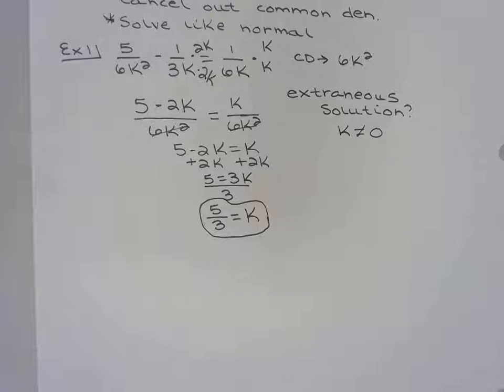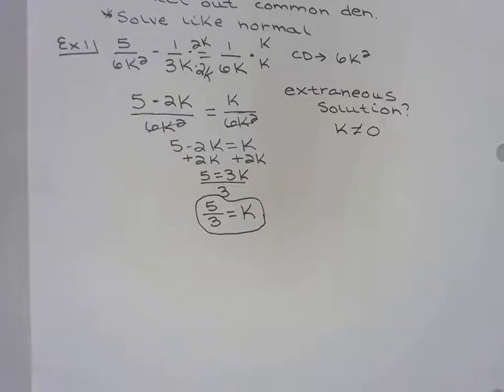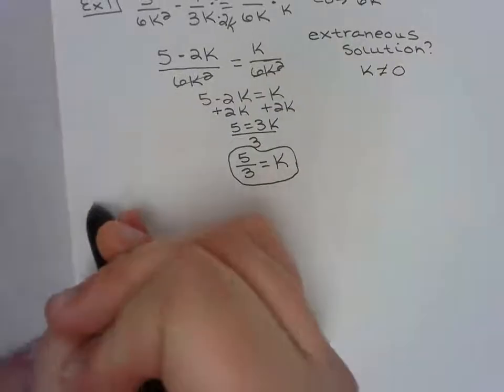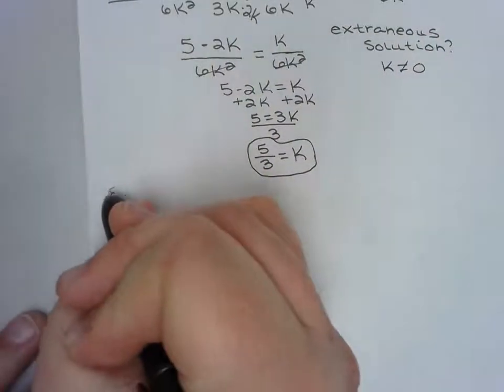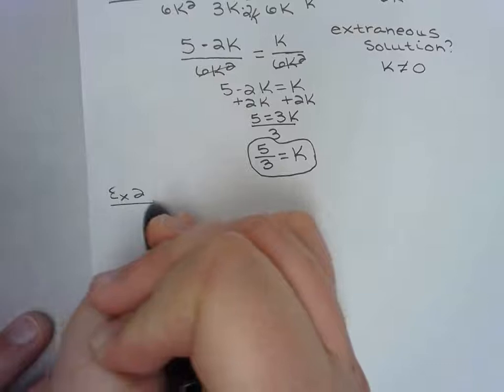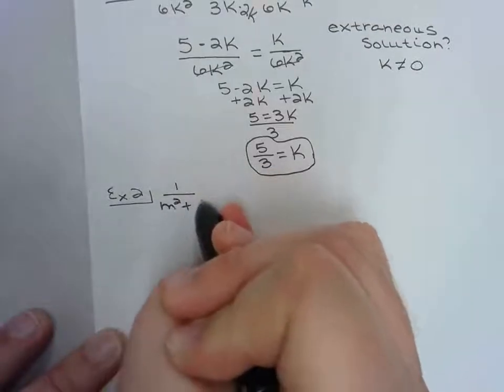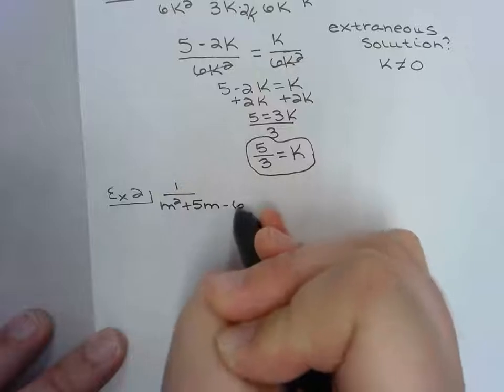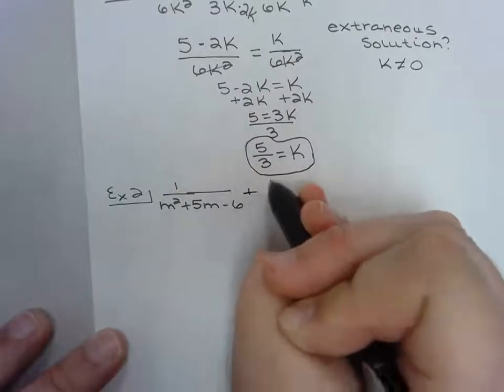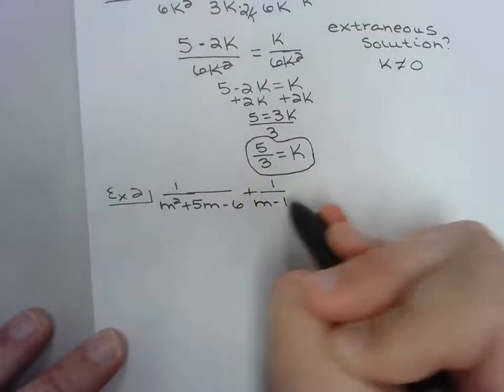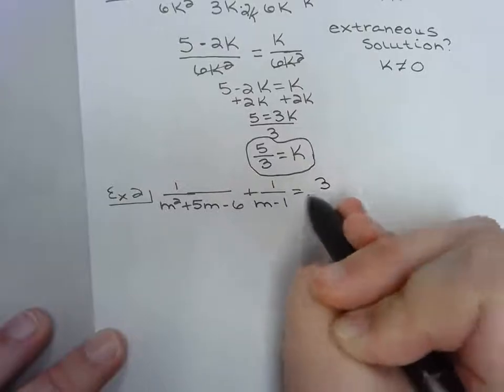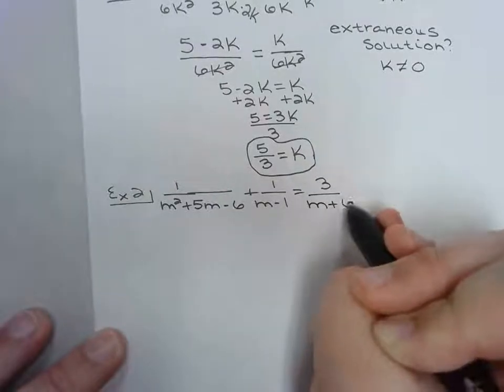Let's look at this one. 1 over m squared plus 5m minus 6, plus 1 over m minus 1, equals 3 over m plus 6.